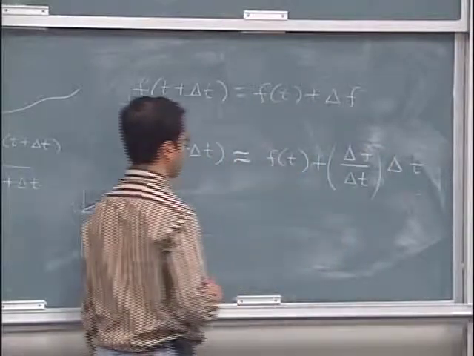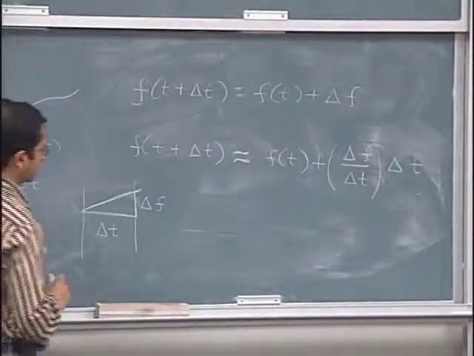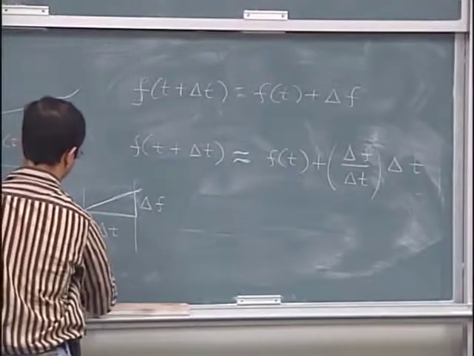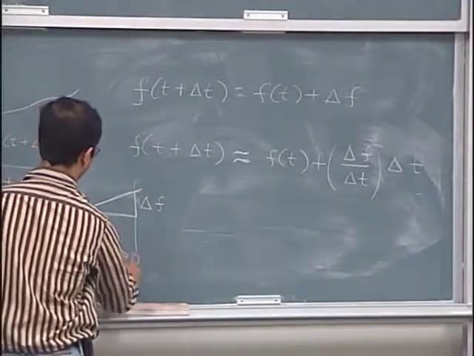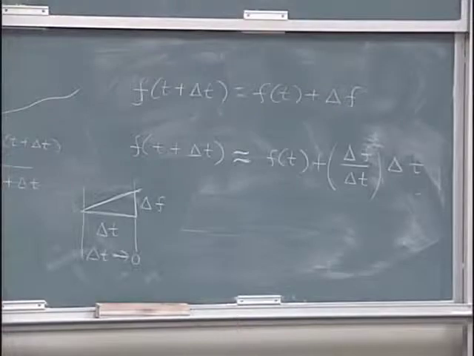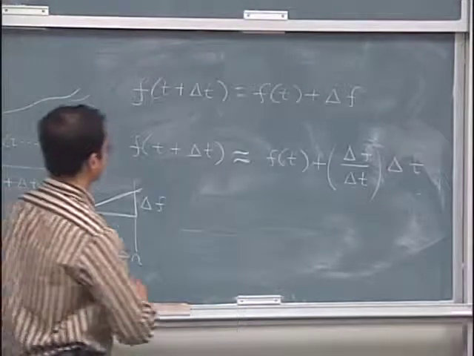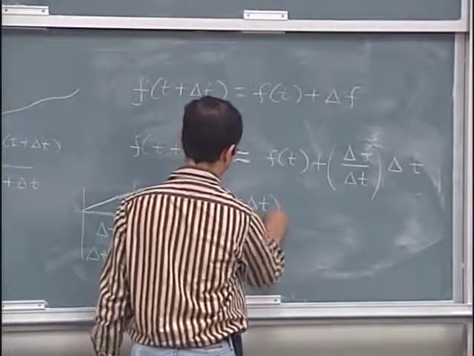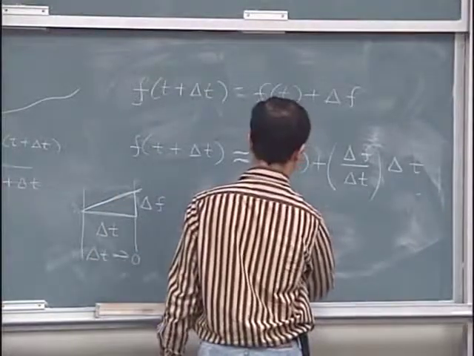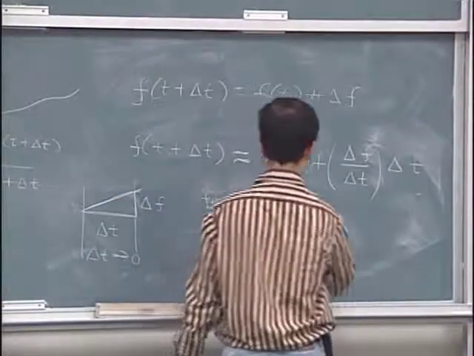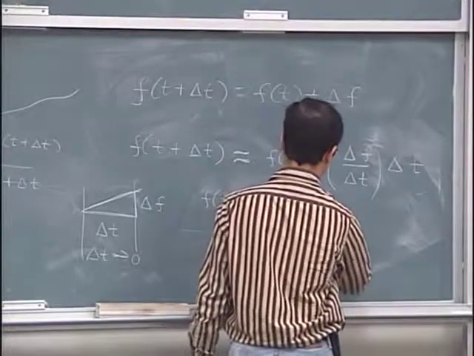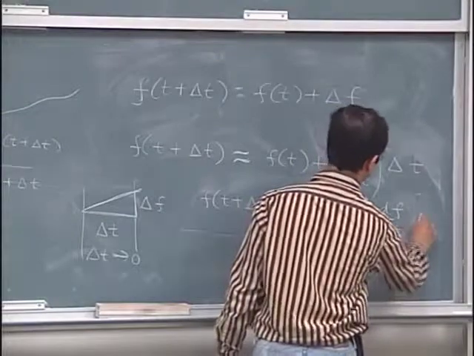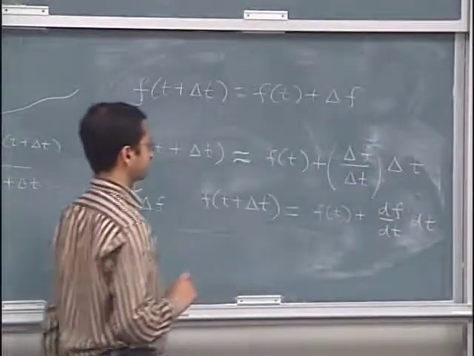Now what is delta f over delta t? That's the idea. The idea is if delta t is small, so if you take delta t going to 0 limit, then you can write f(t plus delta t) as f(t) plus df/dt dt.